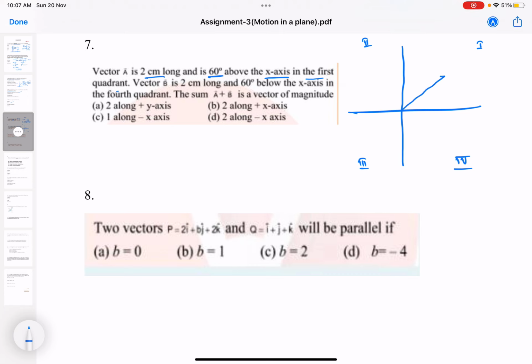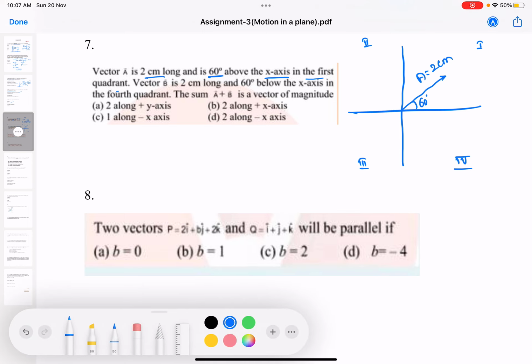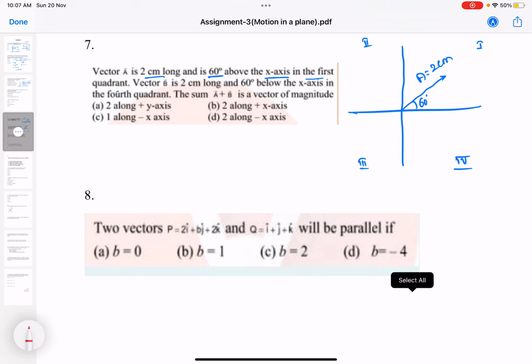And vector B is 2 centimeters long and 60 degrees below the x-axis in the fourth quadrant. He has given it like this.